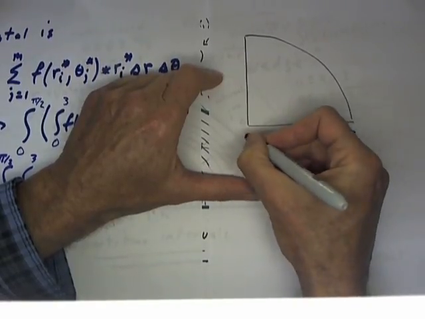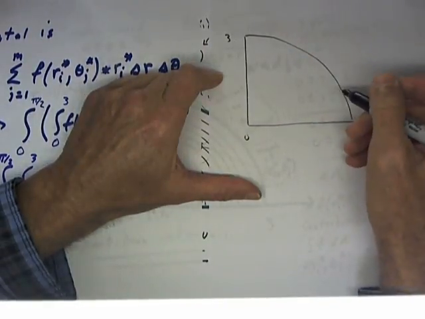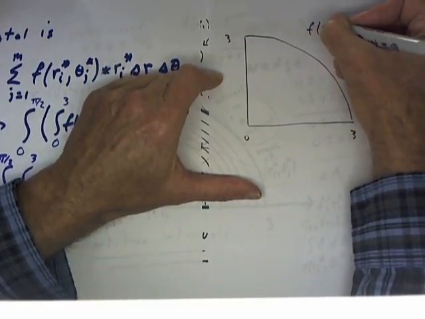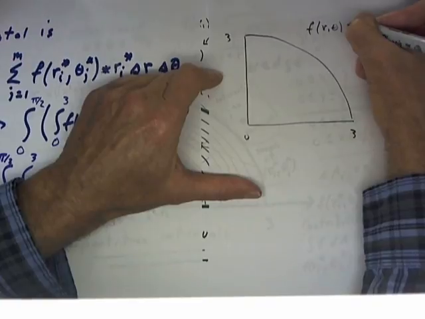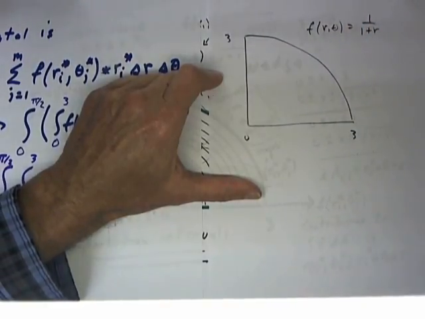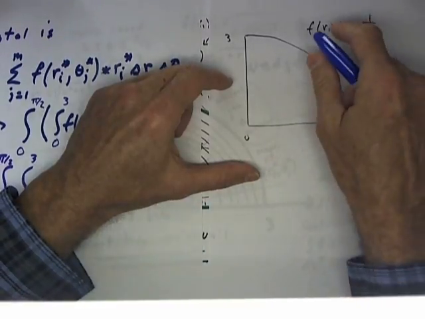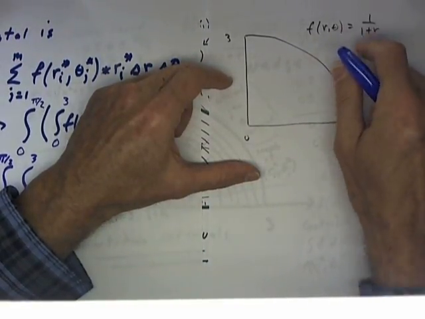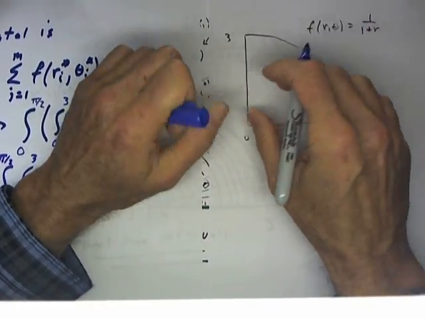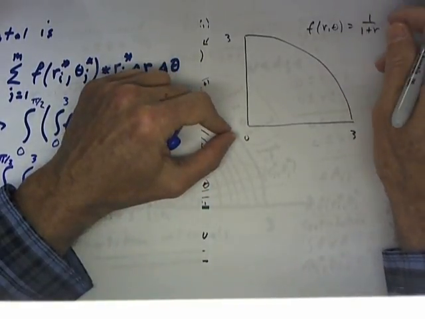So we're going from 0 to 3 here, from 0 to 3 here. What are our values of 1 over 1 plus r over this region? Of course, we can't calculate them all, but let's get some indication.